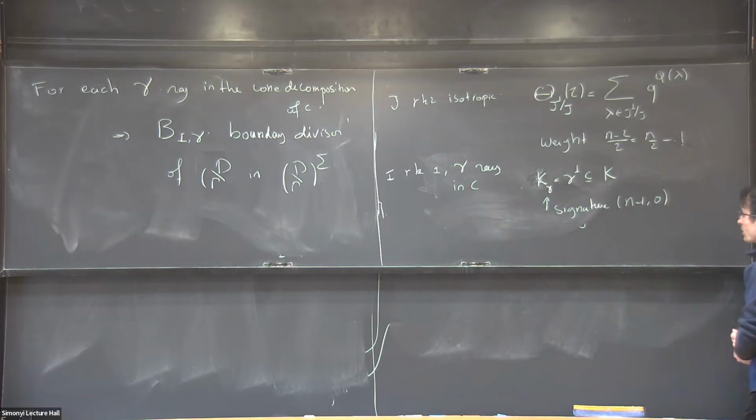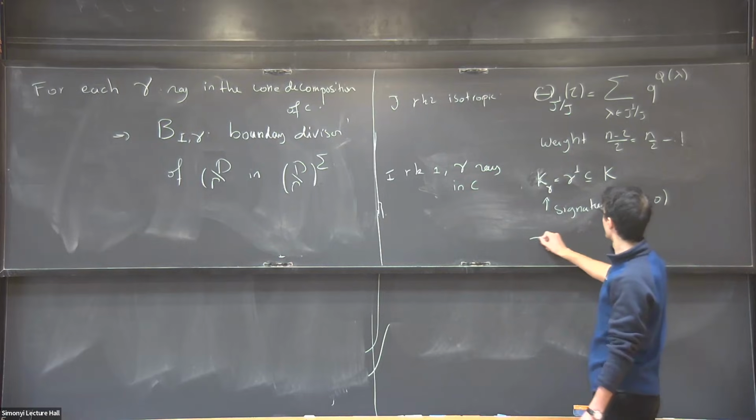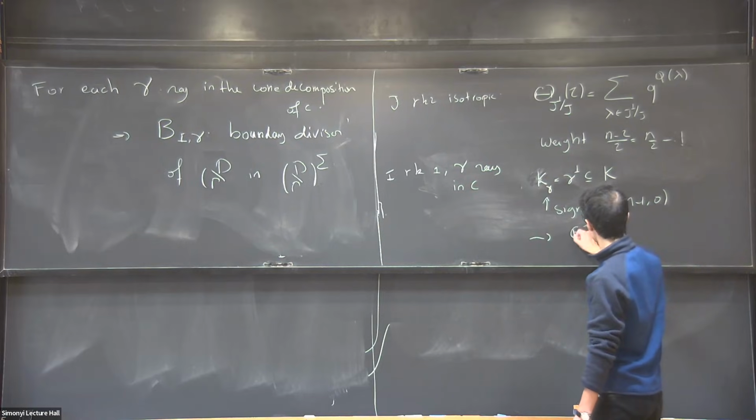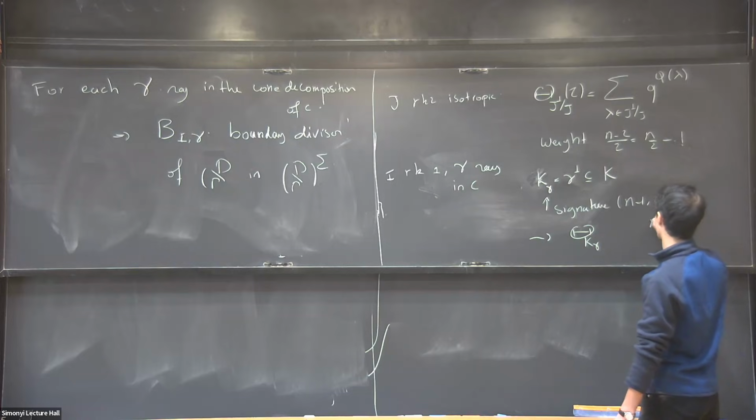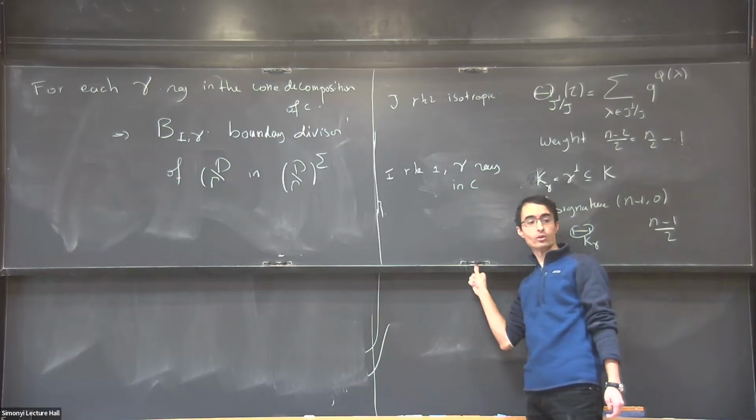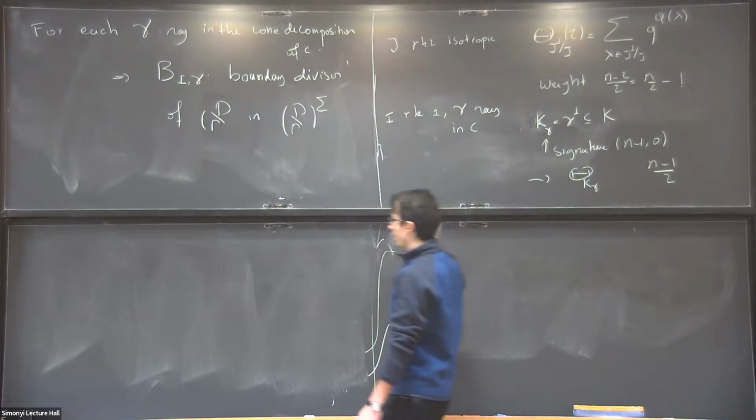So this is again a positive definite lattice, and I can consider its theta series, which has weight (n minus 1) over 2. So it's a modular form of weight (n minus 1) over 2, and again it's different from the (1 plus n) over 2 that I'm looking for. That's okay.